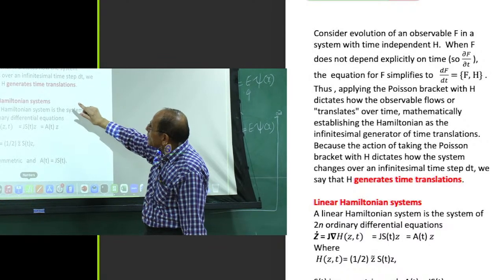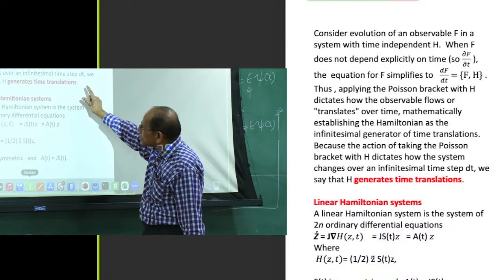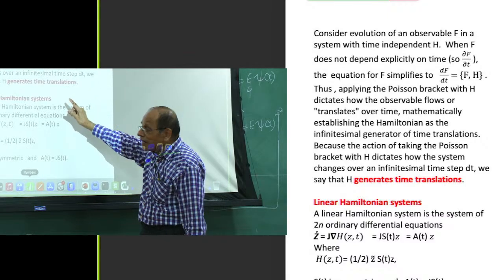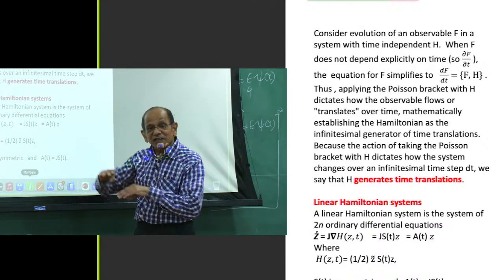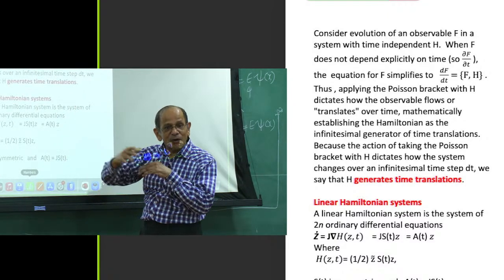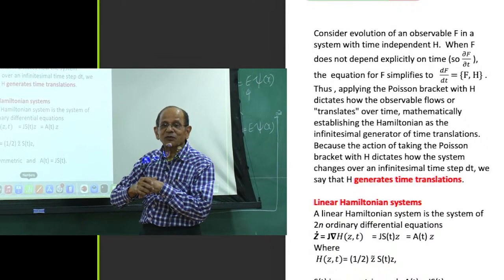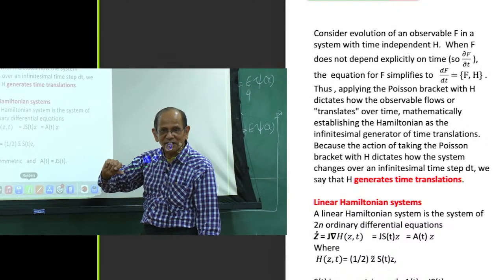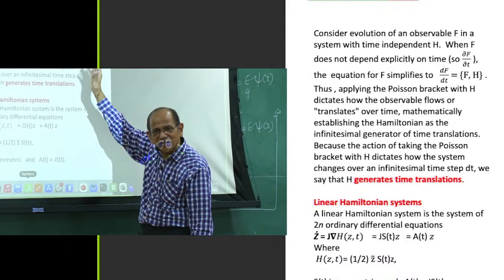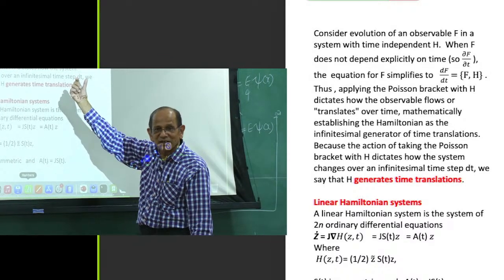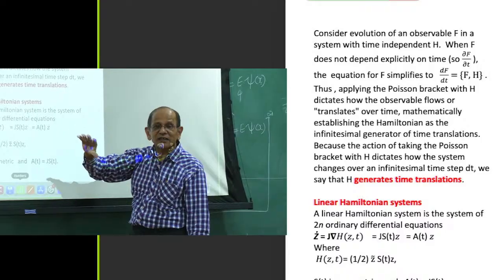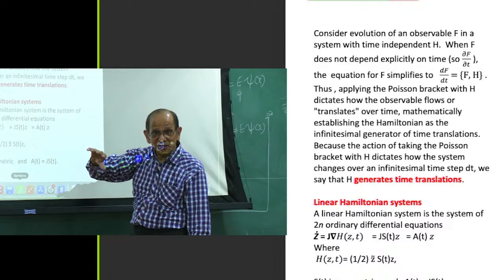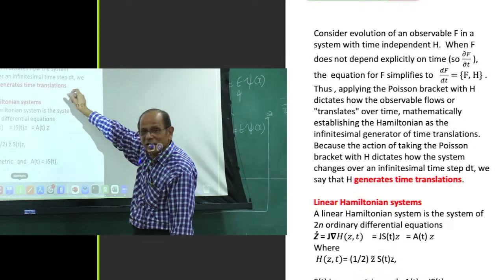So, what does it mean in the infinitesimal time step dt? H has generated the effect of whatever translation happens to f. H is controlling that effect. If you take a different H, you will get a different evolution. So the time translation is therefore dictated by this.